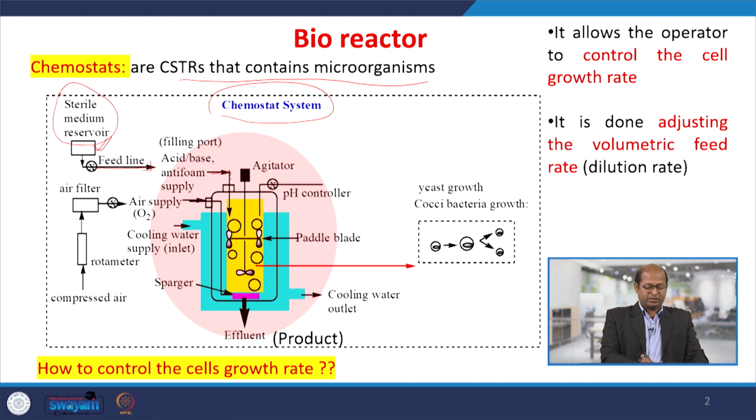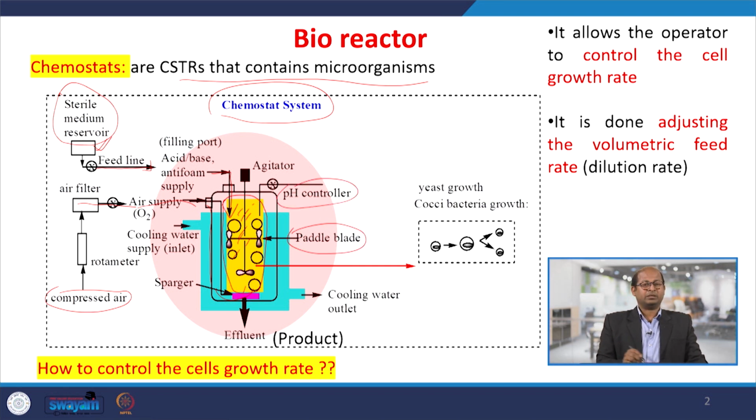The feed comes into the reactor with the microorganisms, along with nutrients and other components. At the same time, air may be supplied from compressed air cylinders or rotameters, from the bottom of the reactor through the sparger, and a paddle blade is also there.